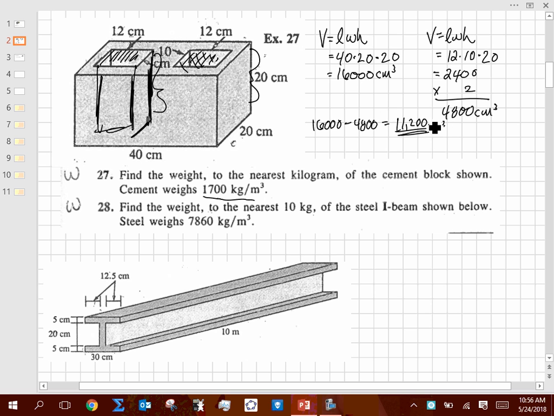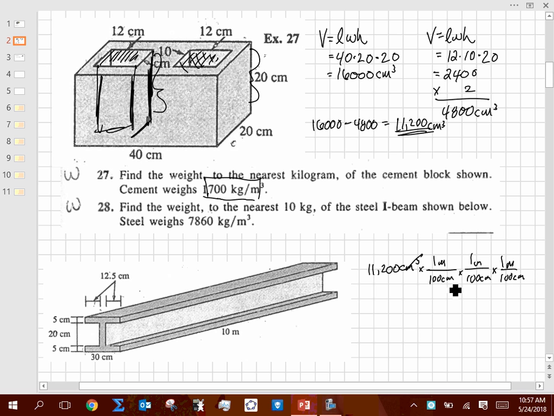Now that volume is in cubic centimeters. We want to convert it so that we have the ability to use this thing here. So it needs to be in meters cubed. So I'm going to take 11,200 centimeters cubed, and we'll multiply by 1 meter over 100 centimeters times 1 meter over 100 centimeters times 1 meter over 100 centimeters.